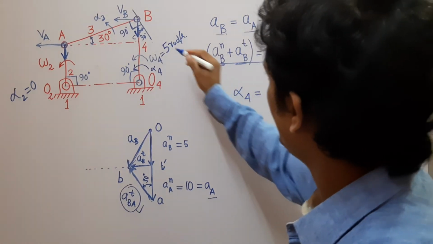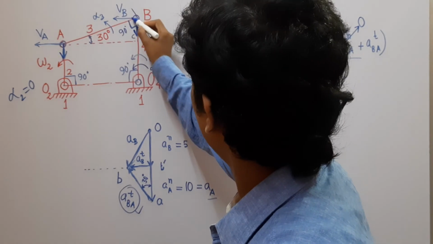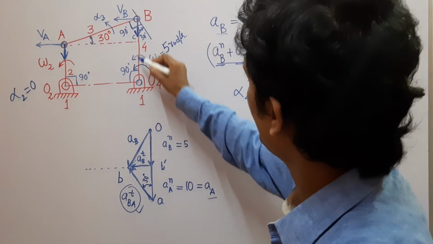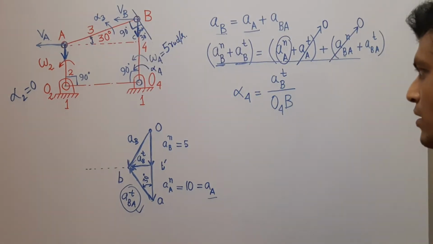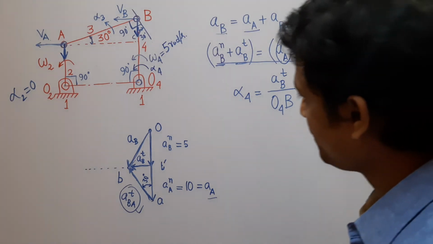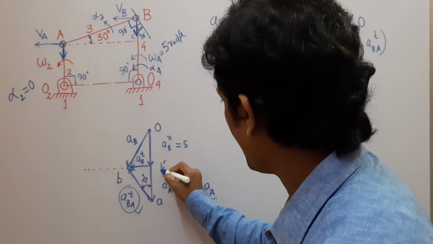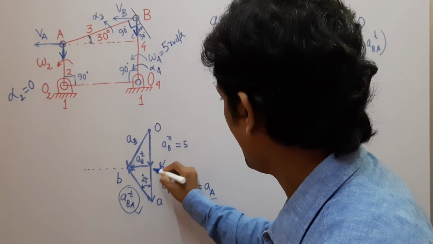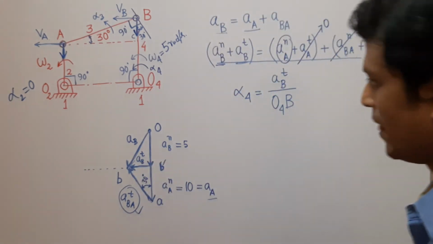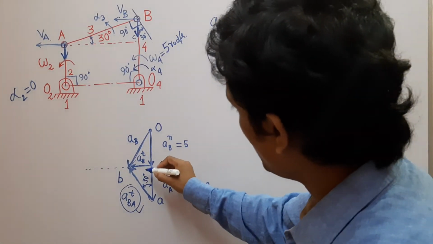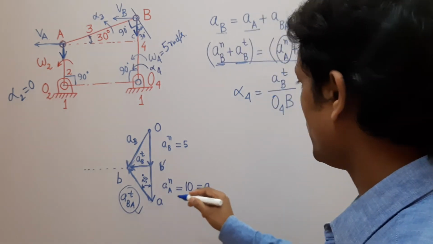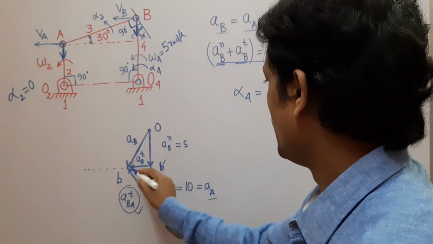So alpha 4 is equal to the tangential component at point B divided by O4B. So what is ABT? ABT is B prime B in the vector diagram. From this we can easily find out the values.